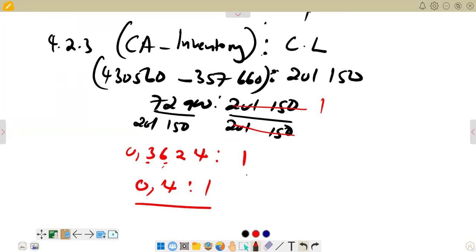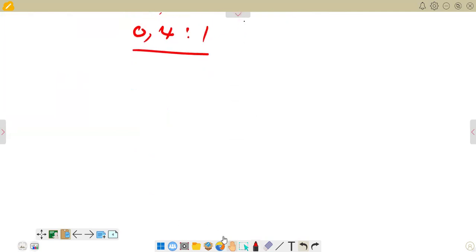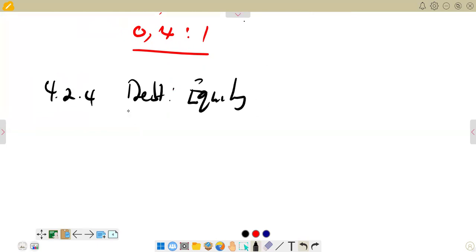So 4.2.4, saying debt, which is the same as saying non-current liability to owner's equity.